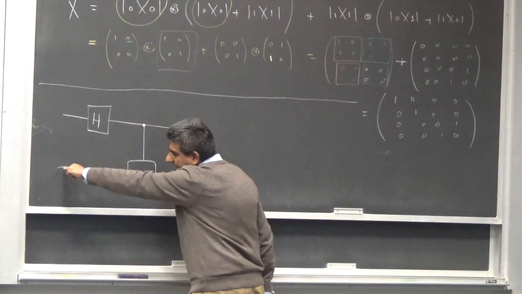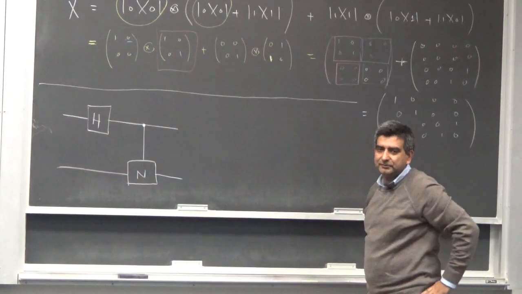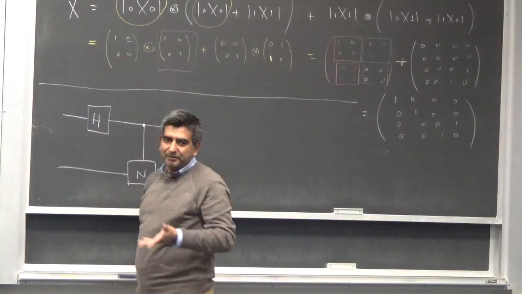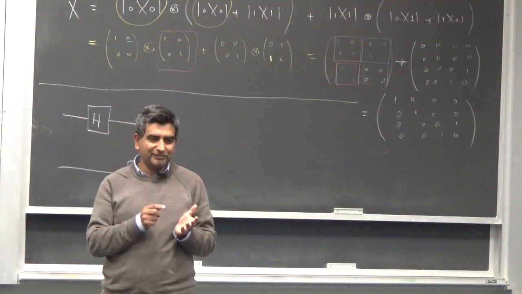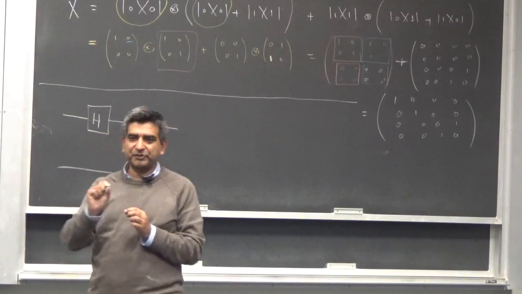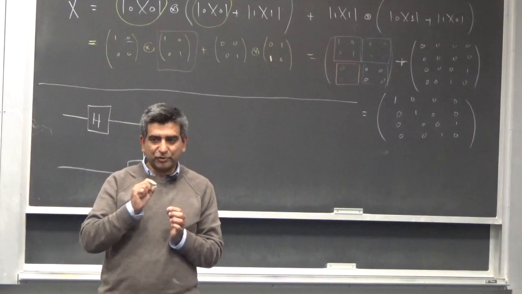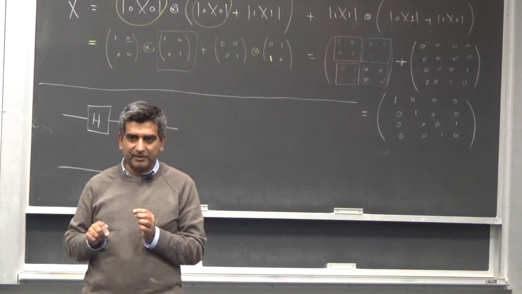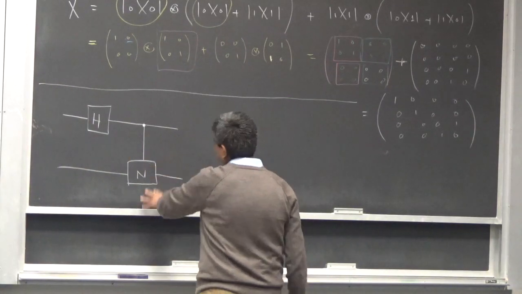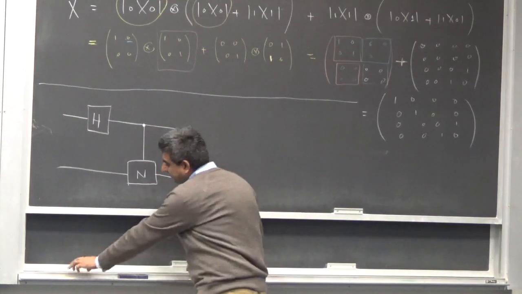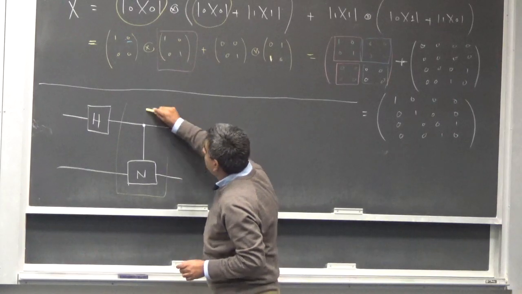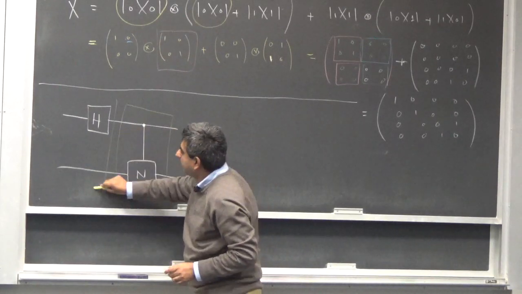This is my second qubit line. The Hadamard gate, you know, it has a truth table. It takes ket 0 and converts it into the superposition 0 plus 1, and it converts ket 1 into 0 minus 1, with an under root 2 factor. And you already know what the controlled NOT gate does. So this thing here is a controlled NOT gate. This thing here is a Hadamard gate.